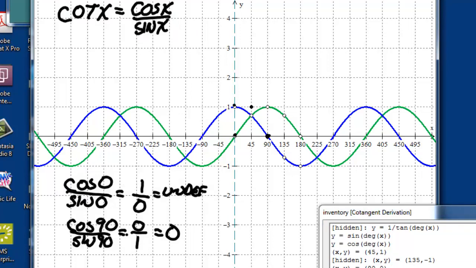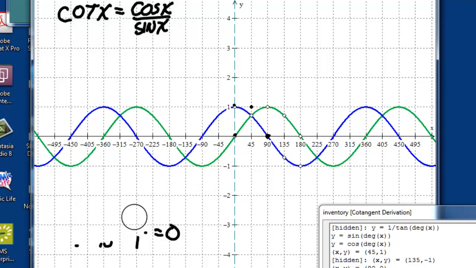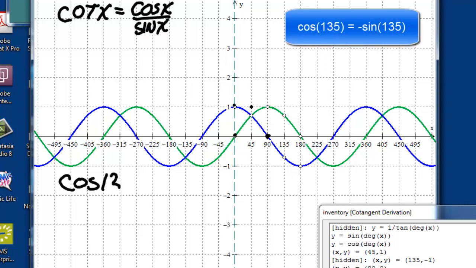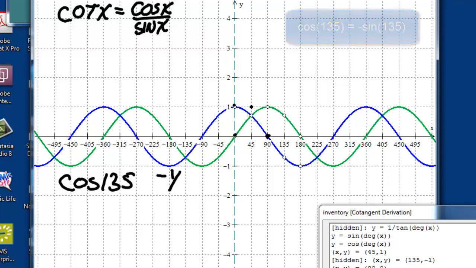At 135 degrees, in the second quadrant, we can see that our reference angle would be 45 degrees. So the magnitude of our opposite and adjacent sides would both be equal to each other in a 45, 45, 90 triangle. So if we look at the cosine of 135 versus the sine of 135, cosine of 135 is negative in the second quadrant, so negative 1 over the square root of 2.